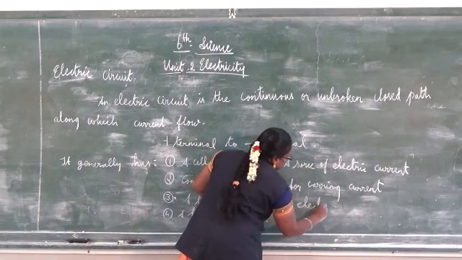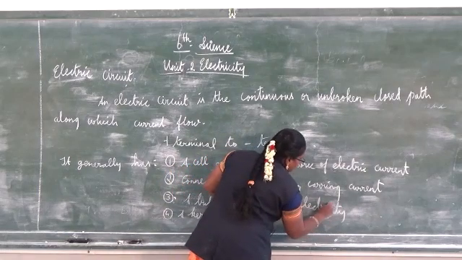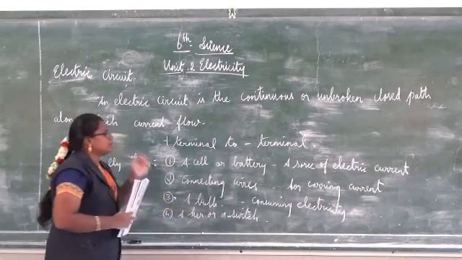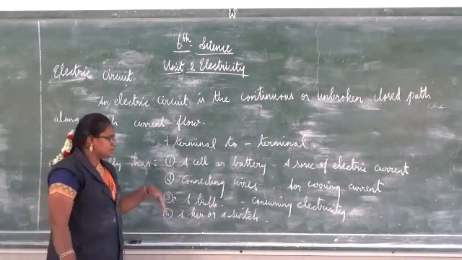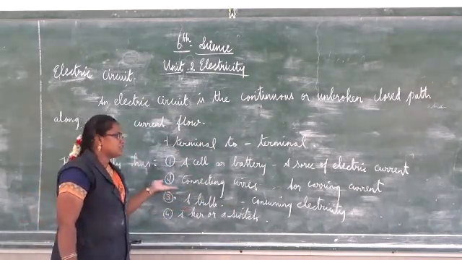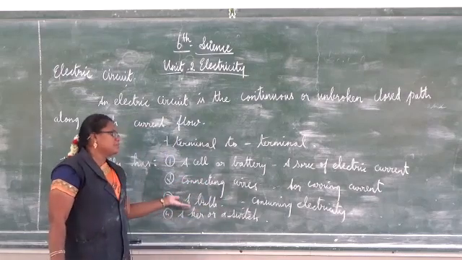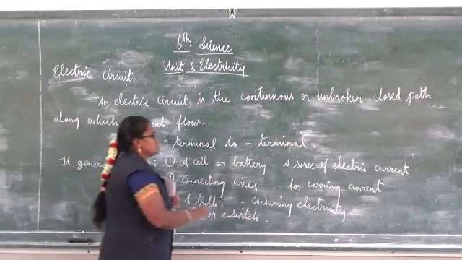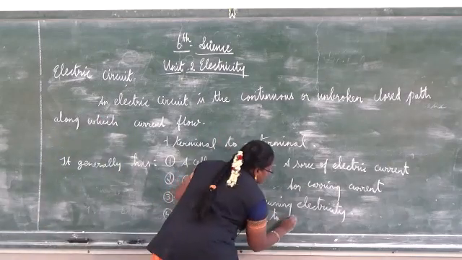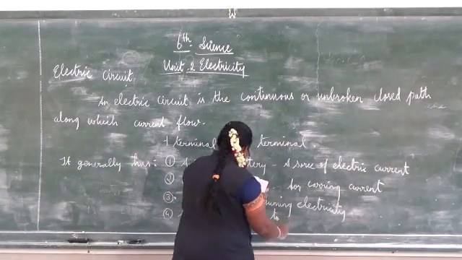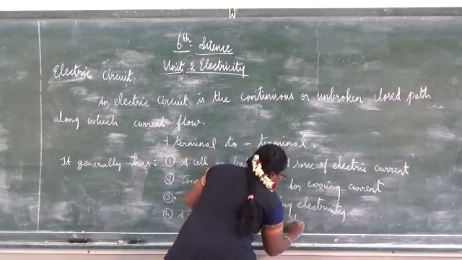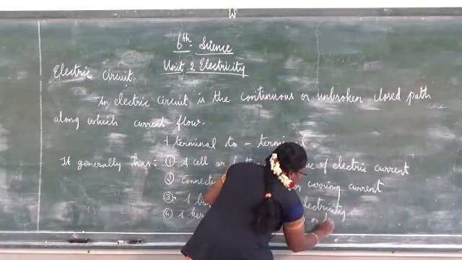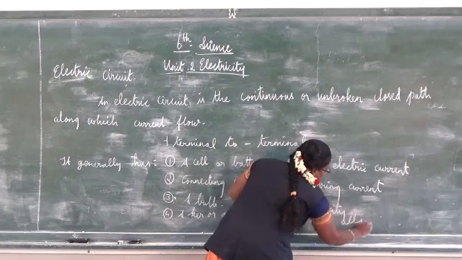For example, any other appliances will also be considered as consuming electricity. Here the bulb is the one consuming electricity. Next, a key or switch is needed to allow or to stop the current.